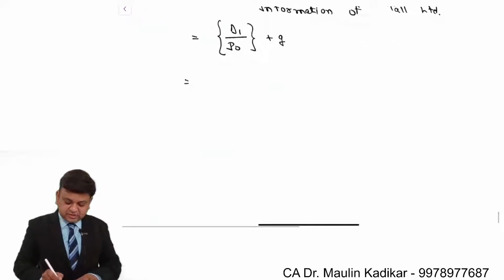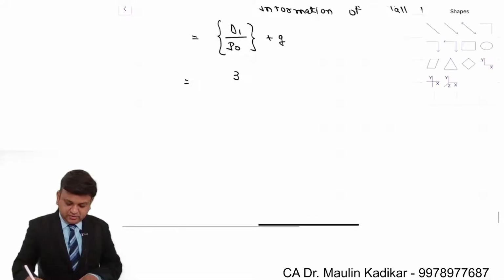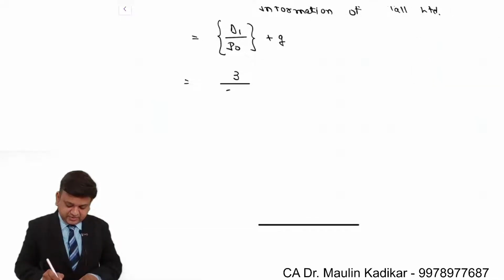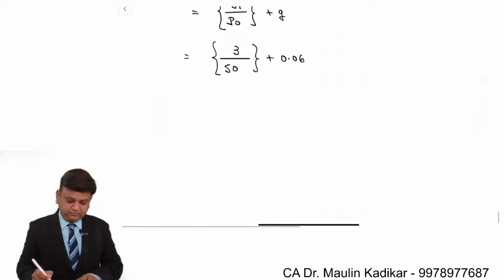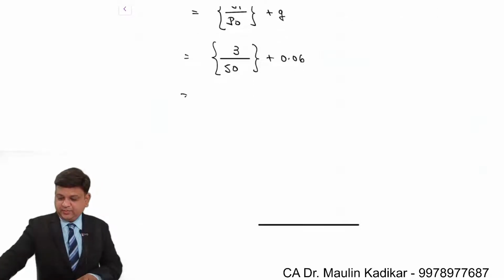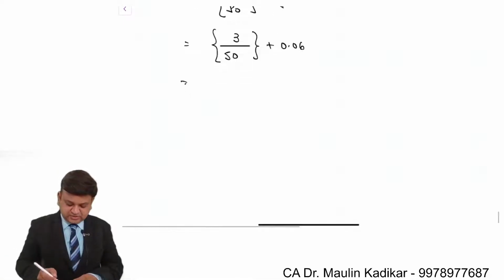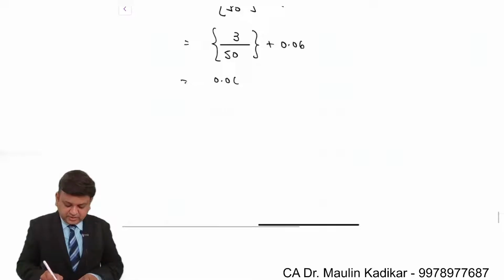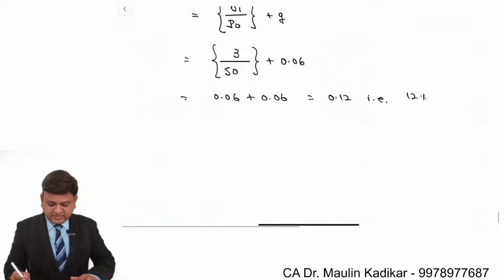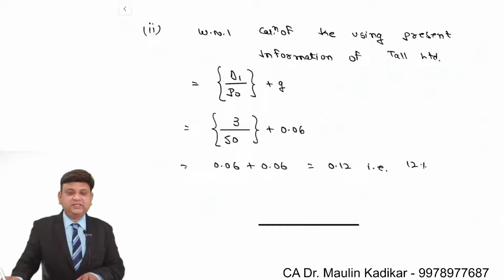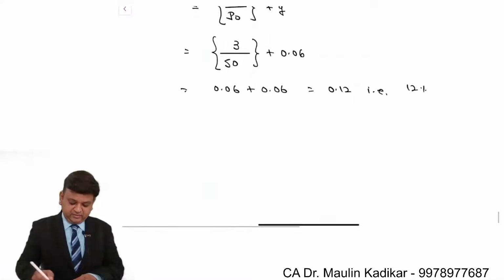D1 is 3 rupees per share. What is P0? P0 is 50 rupees. Plus growth rate is right now 0.06. So 3 upon 50, that is 0.06, plus 0.06, that comes to 0.12. That is 12%. This is the way the first working note will be applied.